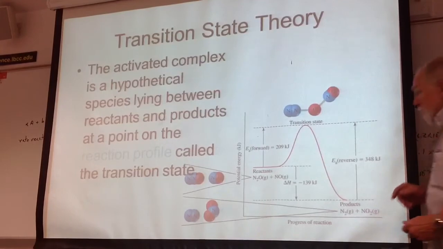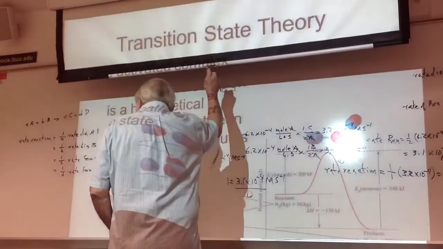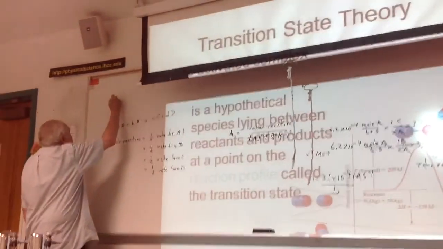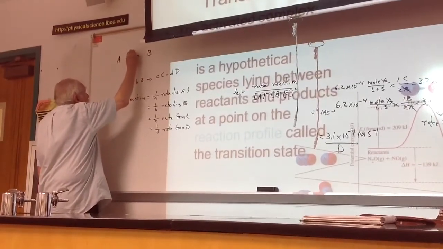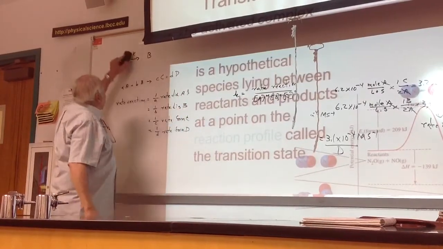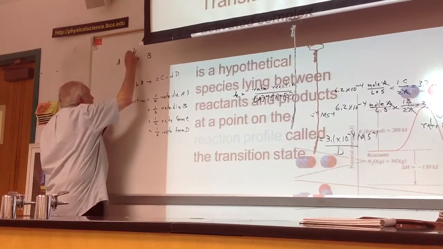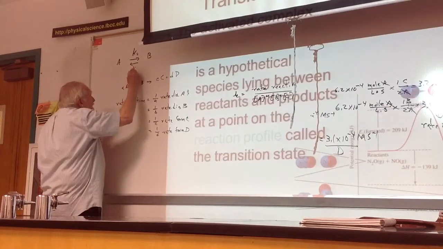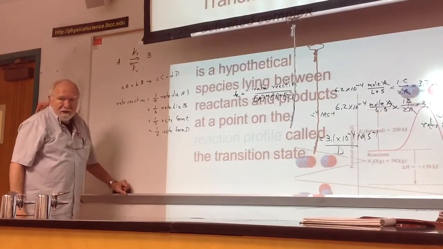But when we talk about rates, oops, wrong K, lowercase k, this is called k sub F, forward, k sub R, reverse. These are the lowercase k's talking about rate constants.